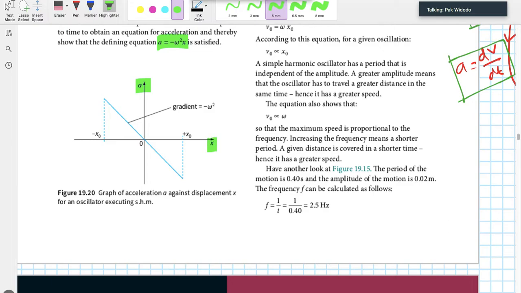So they have a graph where the gradient is negative, so the slope goes to the left. So we have a gradient of minus omega square, the relationship between position and acceleration.